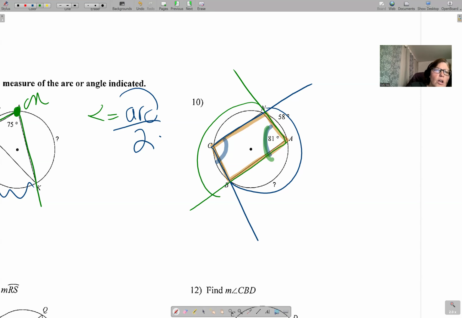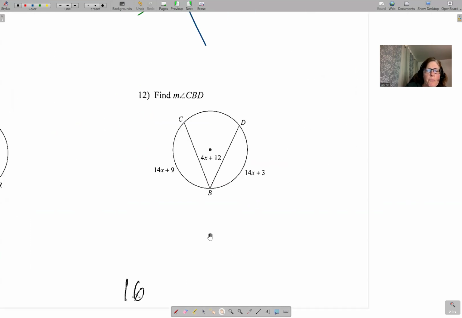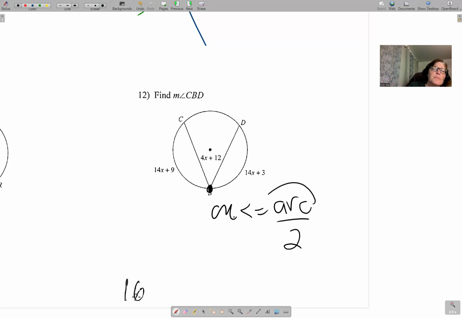And notice we're grabbing a full 360. So that means these two angles together must add up to 180. So the opposite angles in an inscribed quad add up to 180. Once again, keep in mind, any on angle is whatever the arc is over 2. So for here, you would take this arc and you would double it.